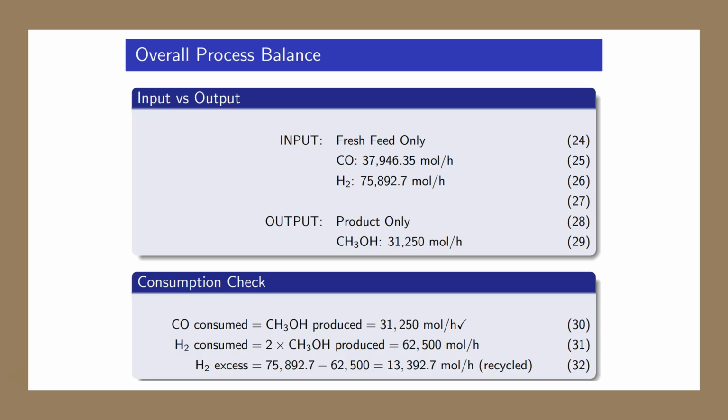Carbon monoxide consumed is equal to CH3OH produced according to stoichiometry, so that is 31,250 mole per hour. H2 consumed is 2 times CH3OH produced, that is 62,500 mole per hour, and H2 excess is 75,892.7 minus 62,500, that is equal to 13,392.7 mole per hour, so that is recycle.